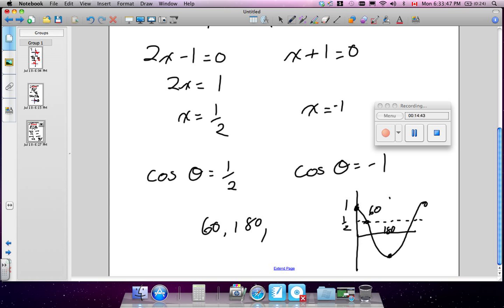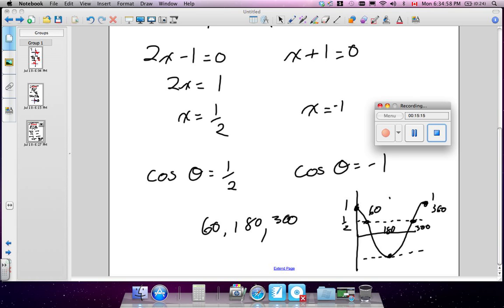Well, if this is symmetrical, it's 60 from 1, and then here's the other time it hits 1, at 360. If we go 60 to the left of that, what are we going to get? 300. Yeah. So we go backwards 60. So that'll be our other option, because at a half, it's going to hit that. And we know at negative 1, it's just tangent to it at 180. So we get 60, 180, and 300 as our 3 answers.